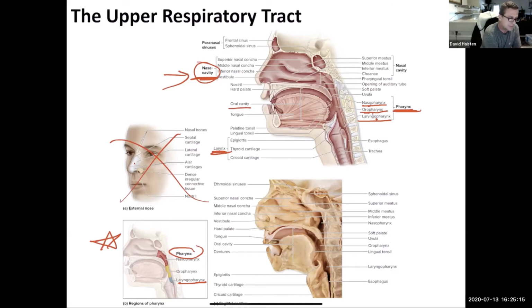You can see them, superior nasal concha, middle, and inferior. You have a bony septum and a cartilaginous septum dividing your nasal cavity. So when we look through a skull, you know you have a bony septum, the vomer, and the perpendicular plate of the ethmoid.